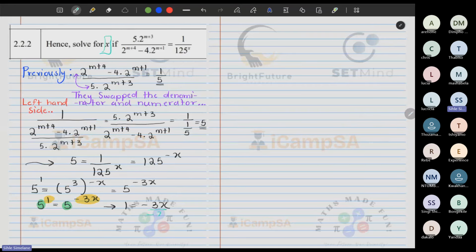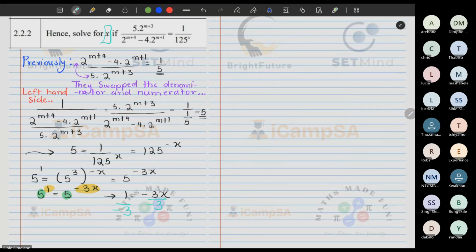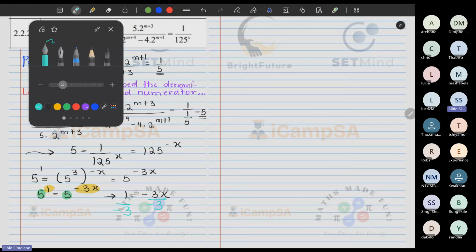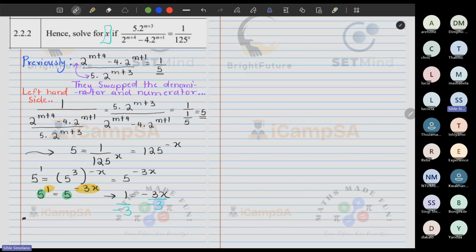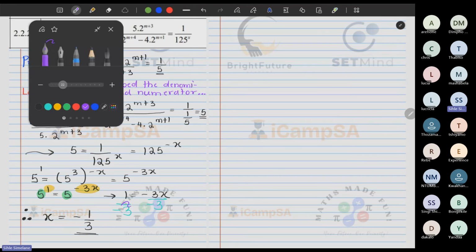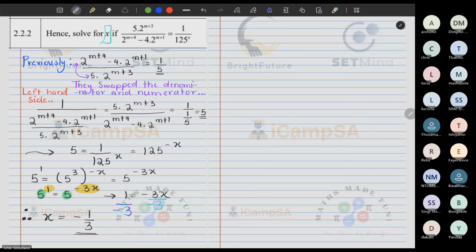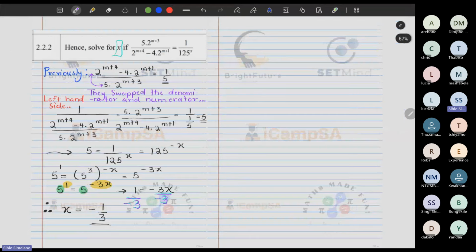So I need to divide by minus 3 on both sides. And then our x value becomes negative 1 over 3. You guys are so smart. I'm impressed. Okay, that is how we find our x value for that problem.